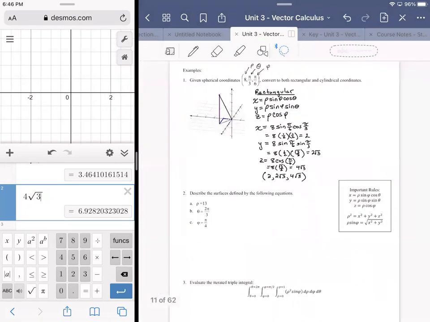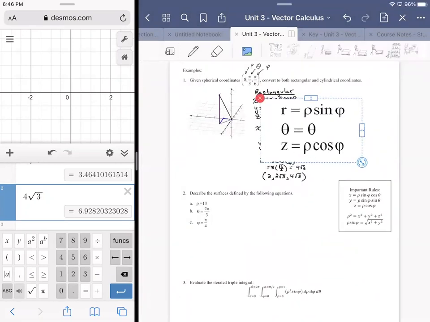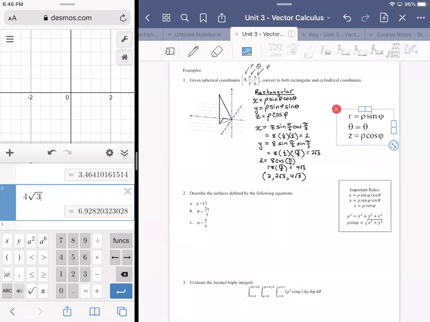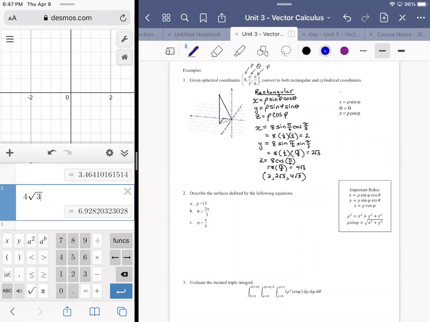Or we can go with the rules that we already know for converting rectangular to cylindrical. It depends on the situation, right? Because if you don't have to figure out rectangular coordinates first, then these formulas aren't that bad at all. Now, if you take a quick glance at them, you see that we really have no work to do here.